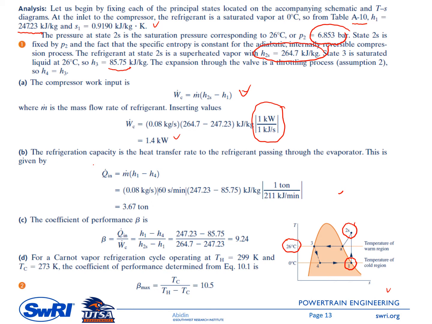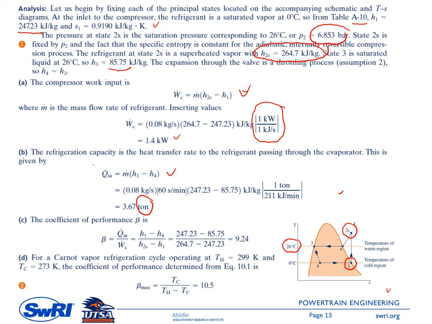The next one is the refrigeration capacity, Q dot in. Q dot in equals m dot times (H1 minus H4). You have all the numbers here, but the required unit is ton. So you need to convert from kilojoule per second to ton.